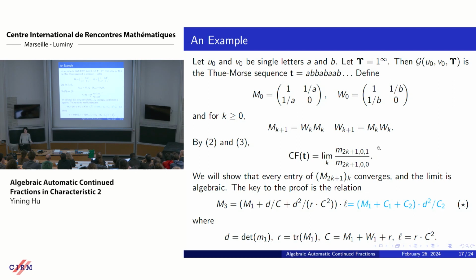To prove that this continued fraction is algebraic, in fact, not only the quotient converges, but the numerator and the denominator also converge in themselves. So we will just calculate the limit of M2k plus 1.